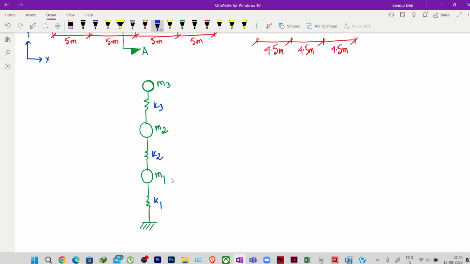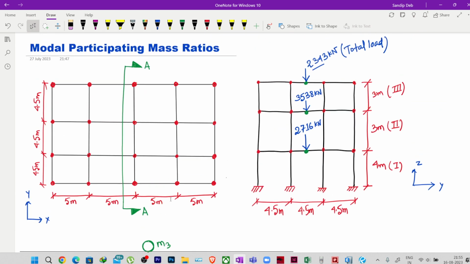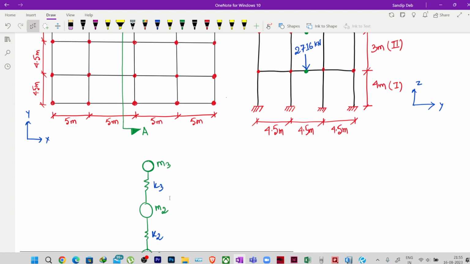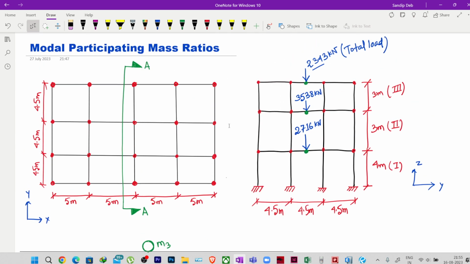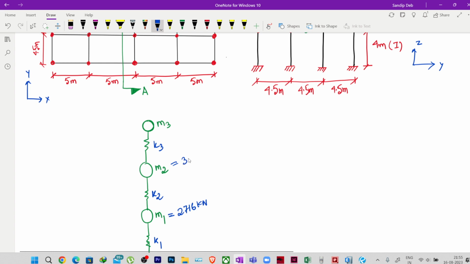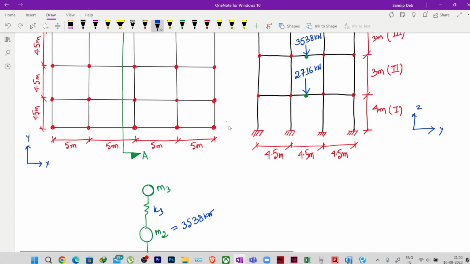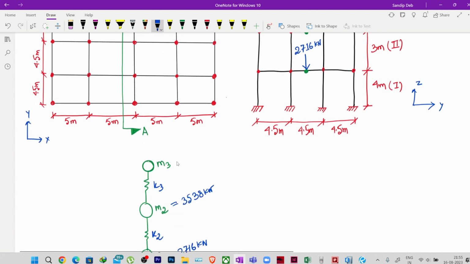So m1 is 2716 kilonewton, m2 is 3538 kilonewton, and m3 is 2343 kilonewton.